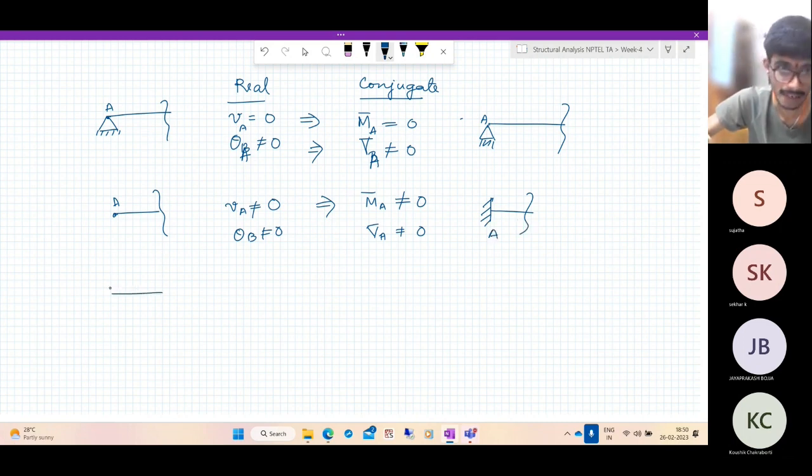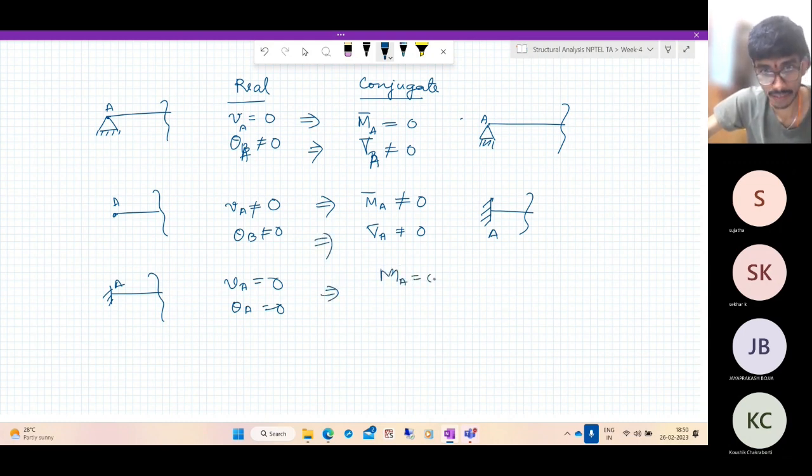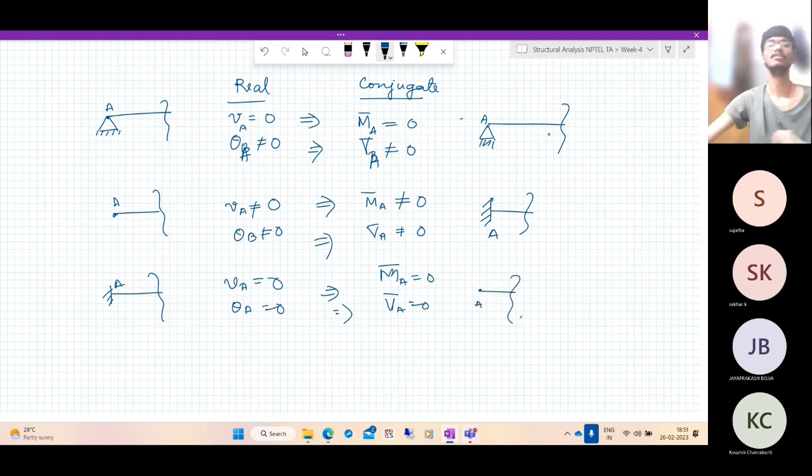And if you have a fixed end on the real beam, the deflection is 0 and the rotation is 0, which means on the conjugate beam the bending moment is 0 and the shear force is 0. What does that correspond to? It corresponds to a free end in the conjugate beam. So this is how the boundary conditions are related.